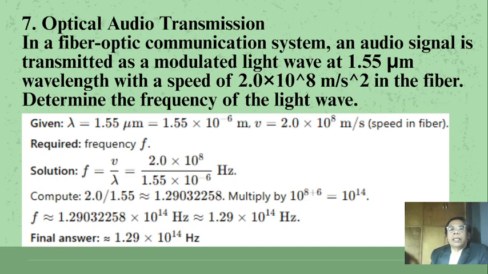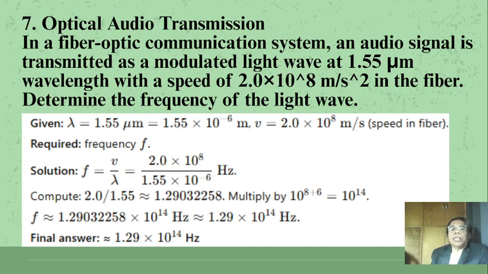Number 7, optical audio transmission. In a fiber optic communication system, an audio signal is transmitted as a modulated light wave at 1.55 micrometer wavelength with a speed of 2 times 10 to the 8 meters per second in the fiber.